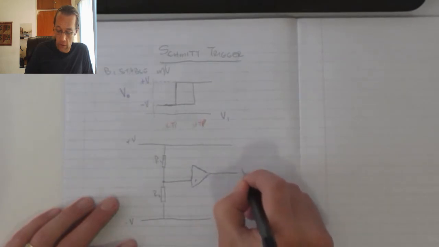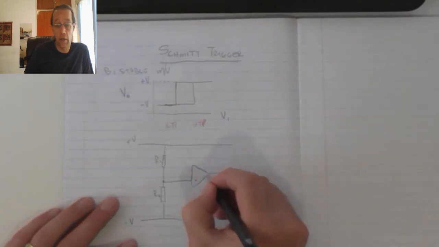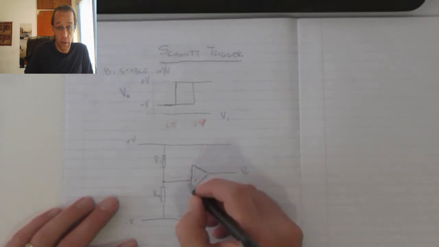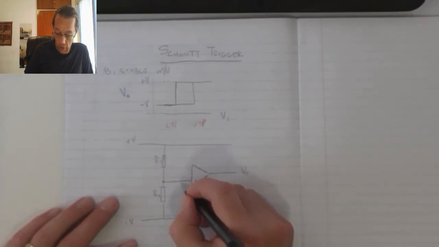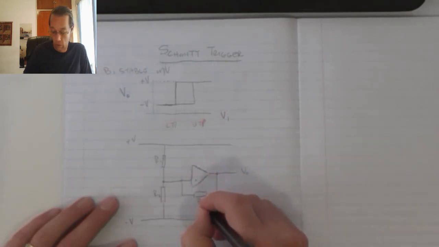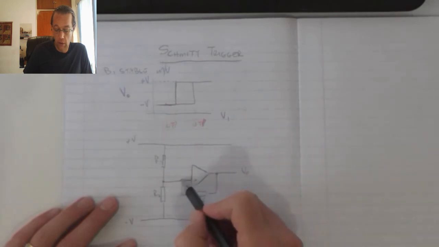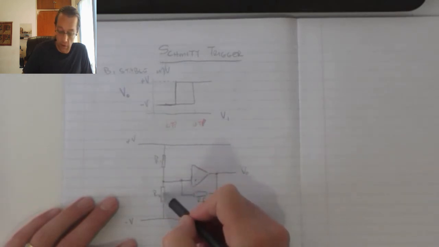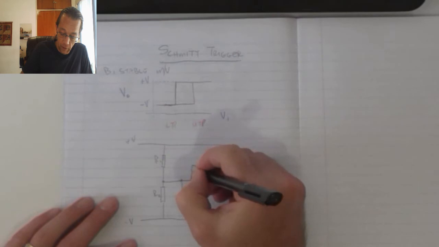That output connects over there, and I've got a feedback resistor that connects between my referencing resistors.